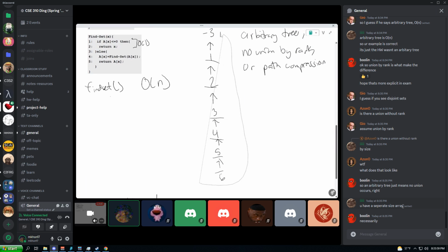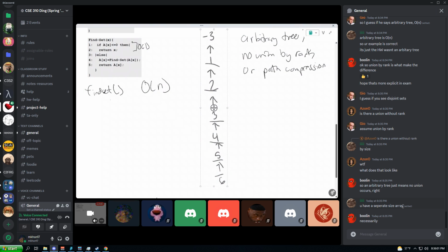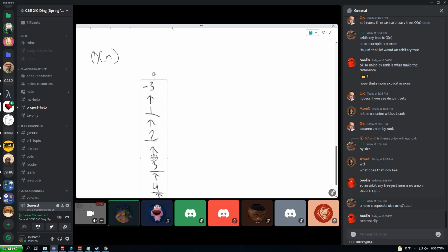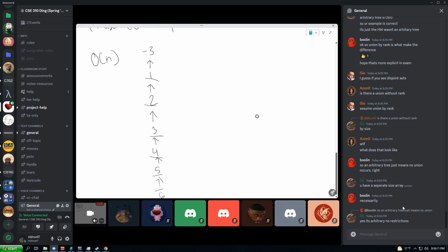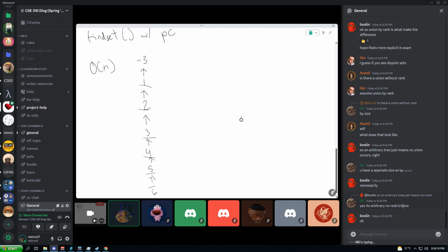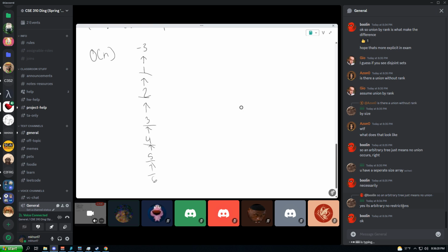We can still use this tree. An arbitrary tree is like, you cannot assume union by rank, it's just random. So you just don't know. So anyways, I'm doing Findset, right? Just going all the way to 6 is big O of n, right?